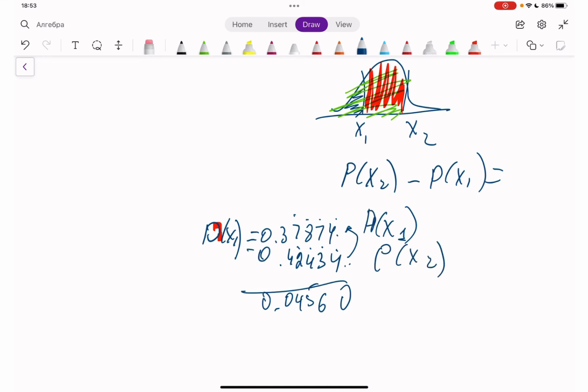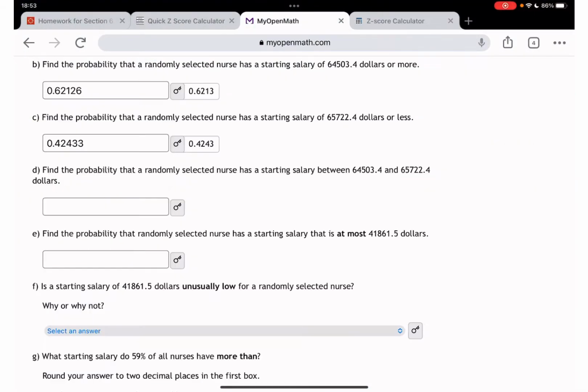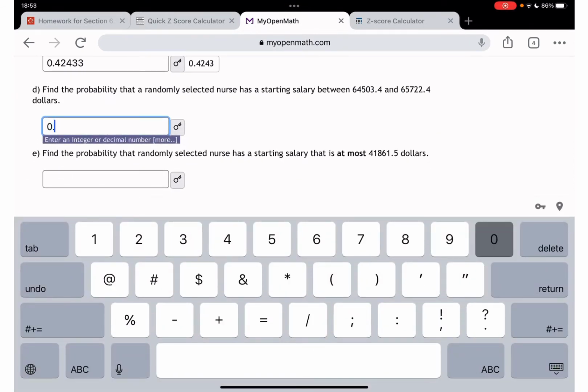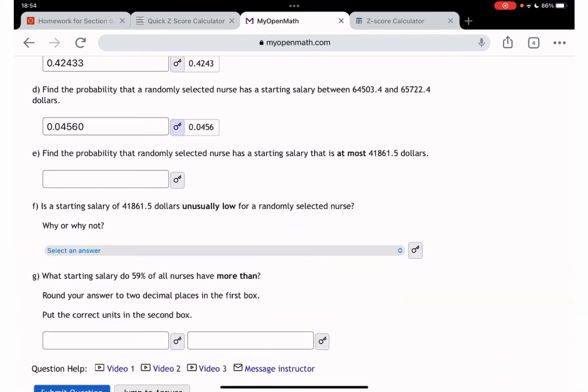So I did this x2 minus x1 backwards, so not to rewrite. 0.04560. Let's open it. Okay, correct.